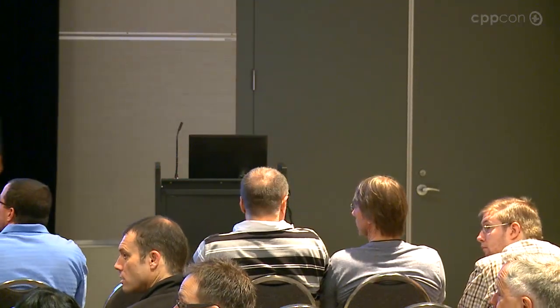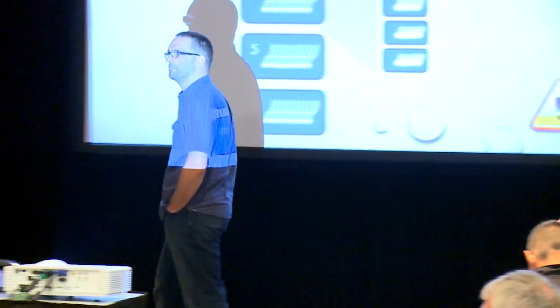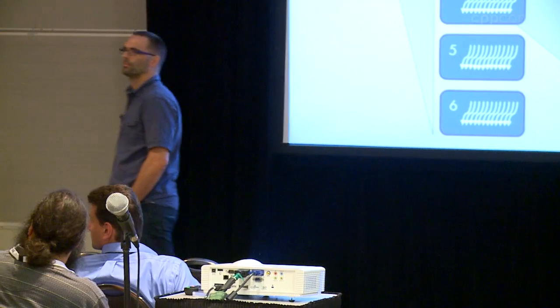Question from the gentleman over there. There is a proposal to the standardization committee for the parallel algorithms. You might have heard about that. Is this the parallel STL? Parallel STL, yeah. And there we have an execution policy, which currently is sequential, parallel, vectorized.